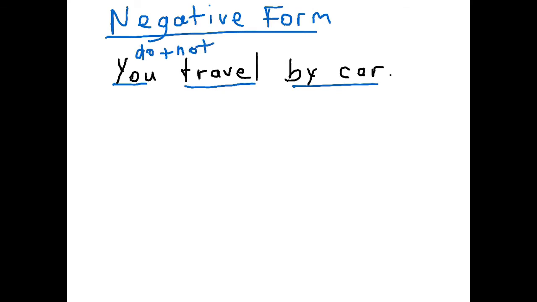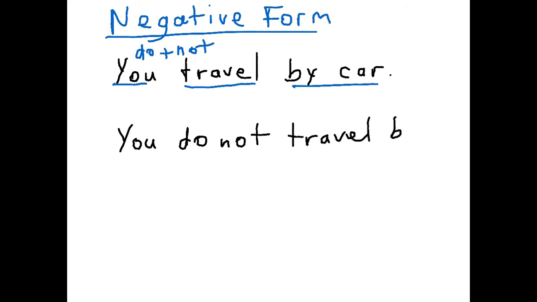That shows the negativity of the new sentence. And we add the do and the not between the subject and the verb. So the sentence in the negative becomes, you do not travel by car.